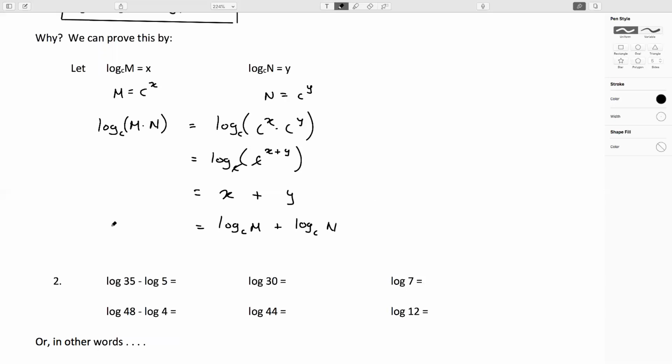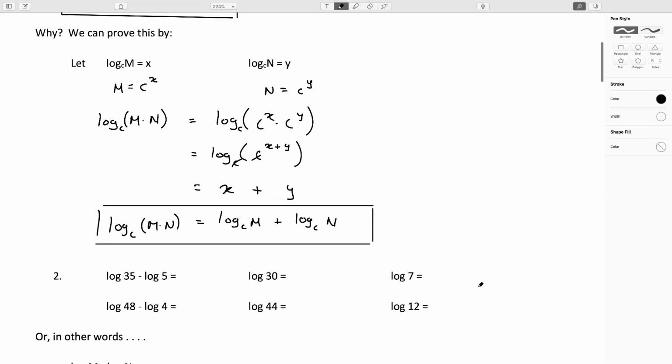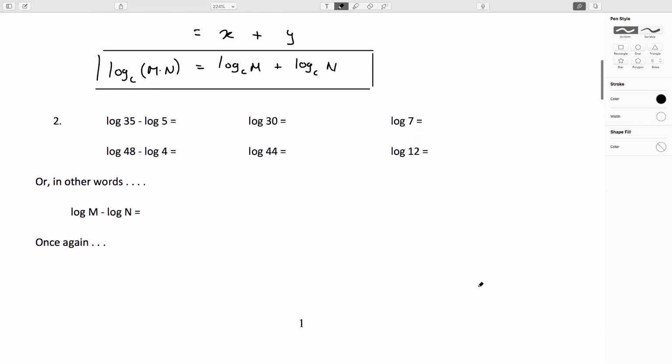What we just proved is that log base c of m times n equals log base c of m plus log base c of n. We proved this rule just using some substitutions and some logic. It's maybe not the most rigorous proof, but it'll work.